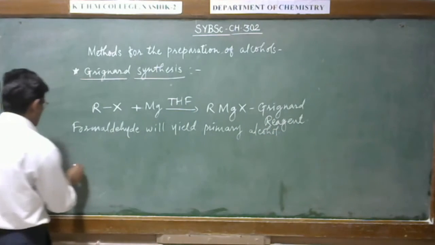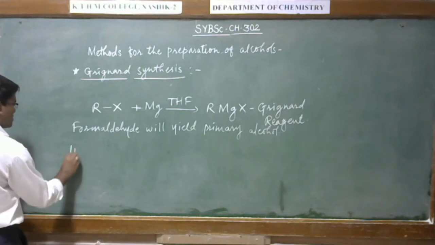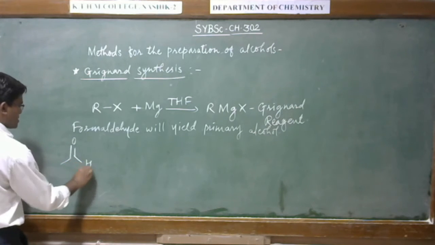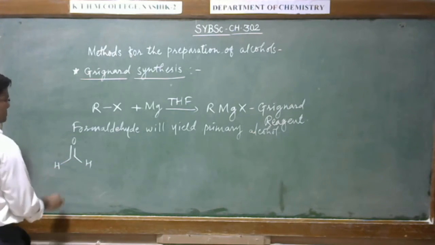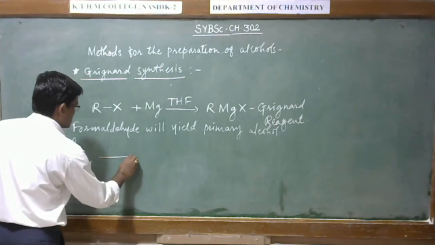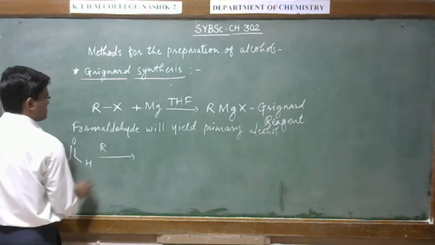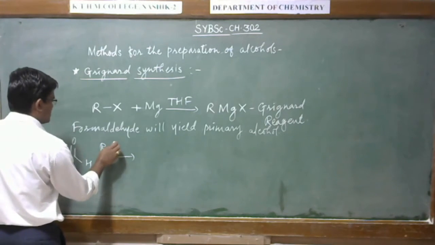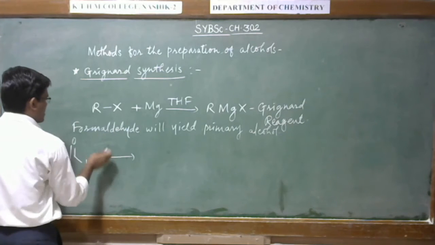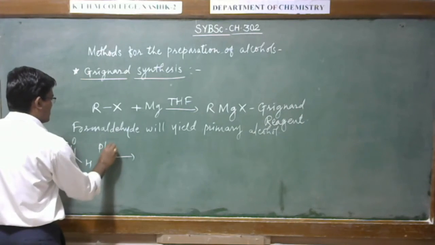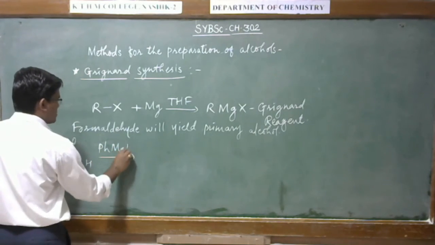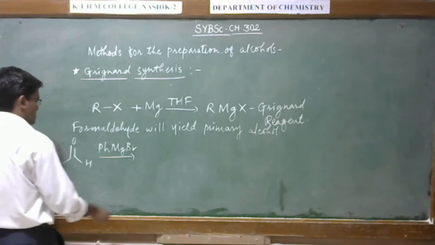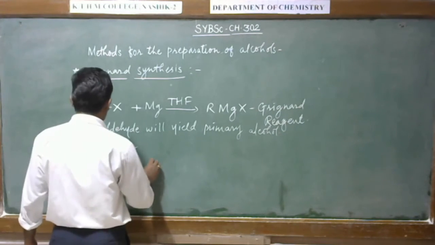Suppose this is the formaldehyde, and this formaldehyde reacts with, for example, phenyl magnesium bromide.